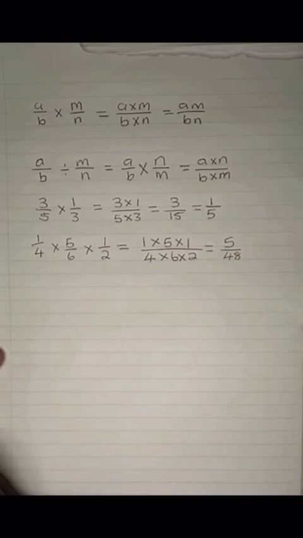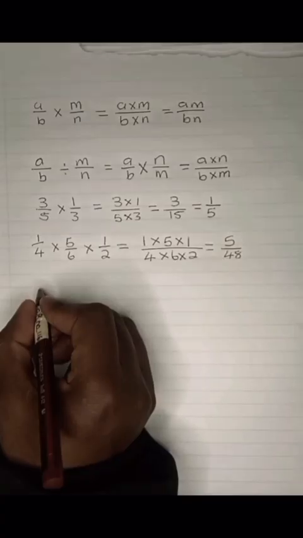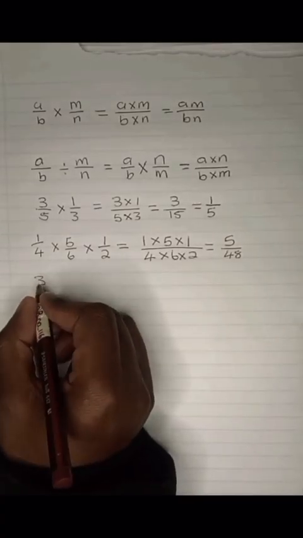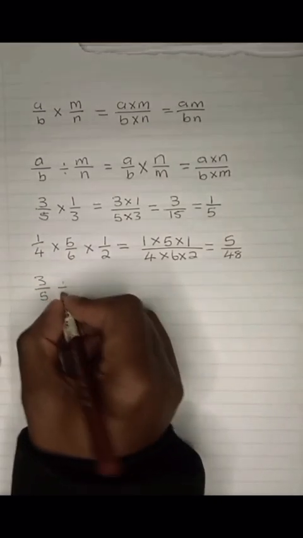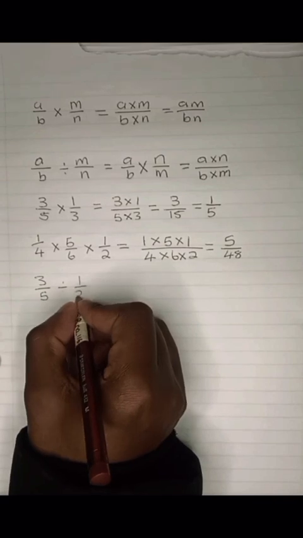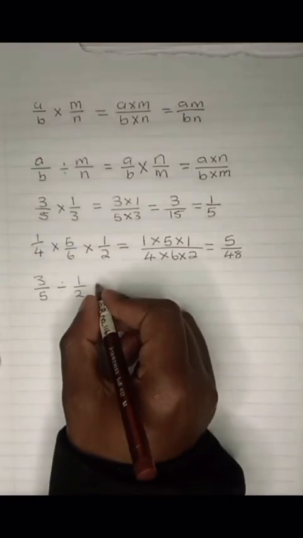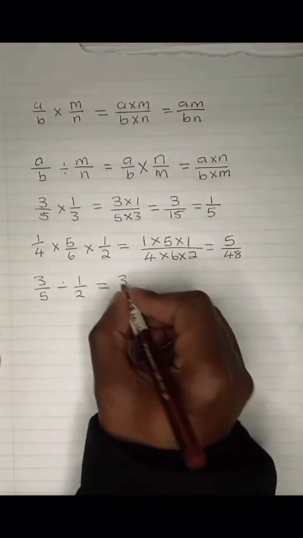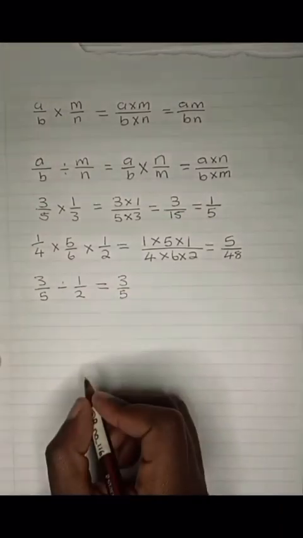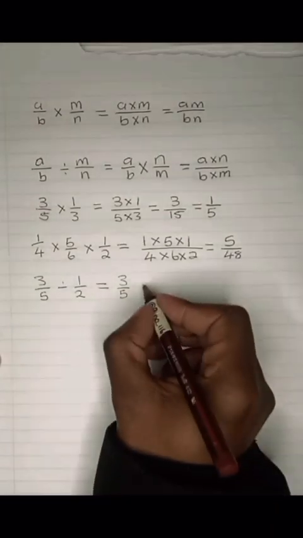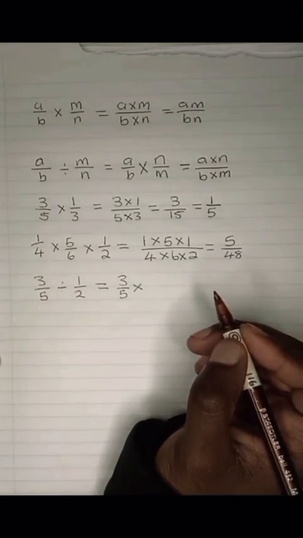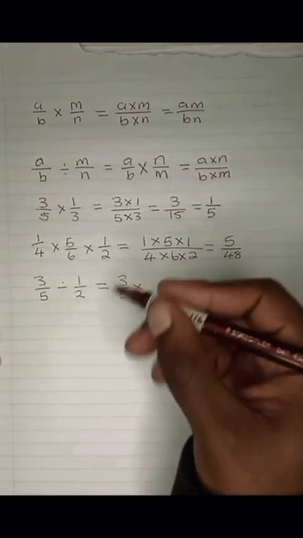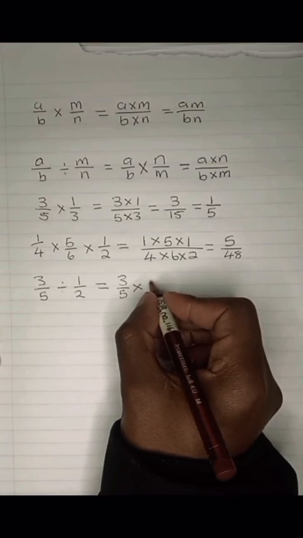Let's go to division. Say for instance you have 3 over 5 divided by 1 over 2. You're going to write 3 over 5, which is your first fraction. You change division into multiplication and then you swap your numerator and the denominator.